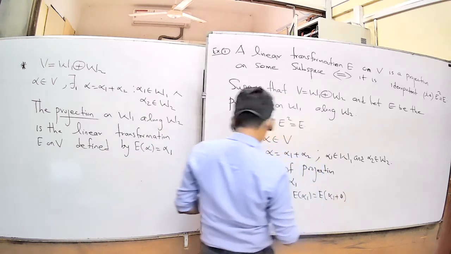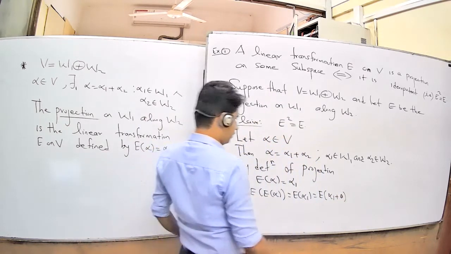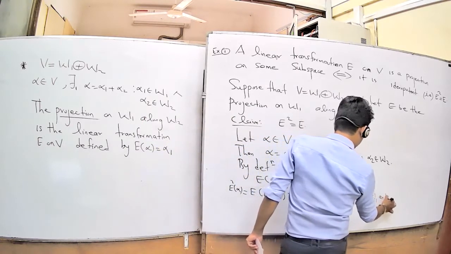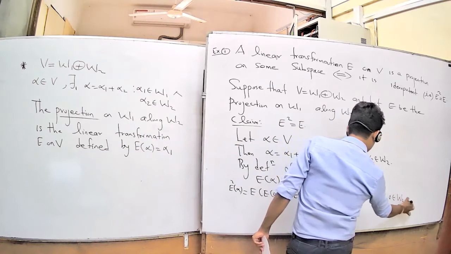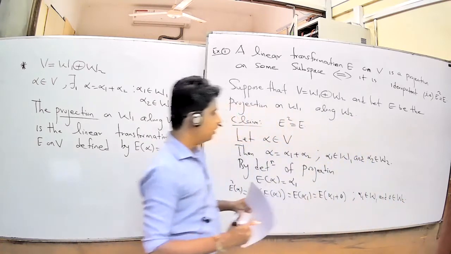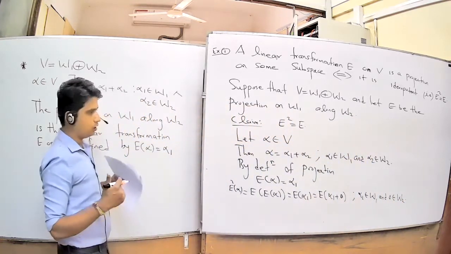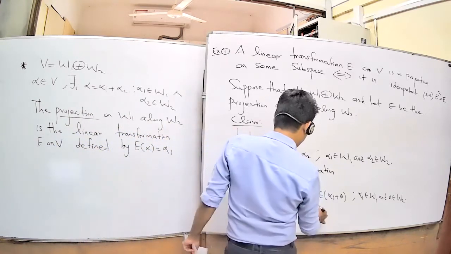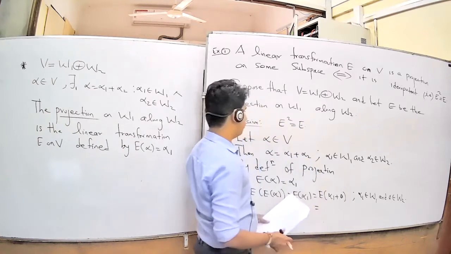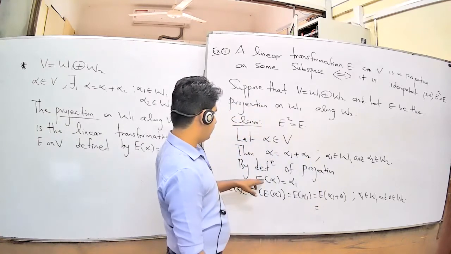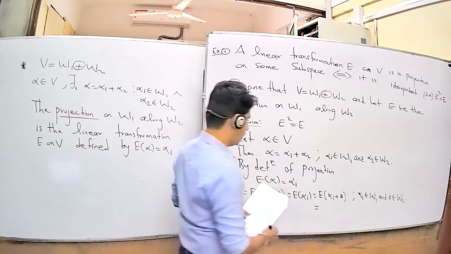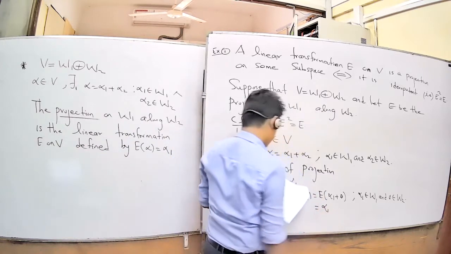In this case, alpha 1 belongs to W1 and 0 belongs to W2, because W1 and W2 are subspaces. By the definition of the projection, for any value of alpha, E alpha equals alpha 1. Therefore this value is equal to alpha 1.